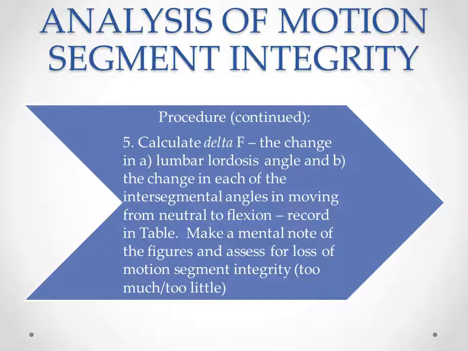Now we're going to calculate the delta F. Delta F is the change in, number 1, the lumbar lordosis angle, and 2, the change in each of the intersegmental angles in moving from neutral to full lumbar flexion. We record those changes, which we call delta F, in our table. And here, make a mental note of the figures and assess for loss of motion segment integrity, meaning that there's either too much motion or too little motion.